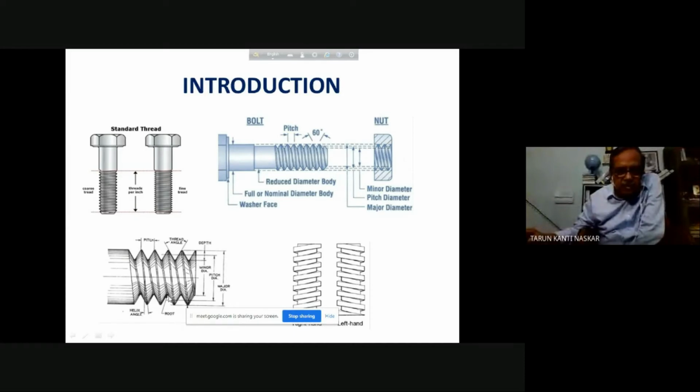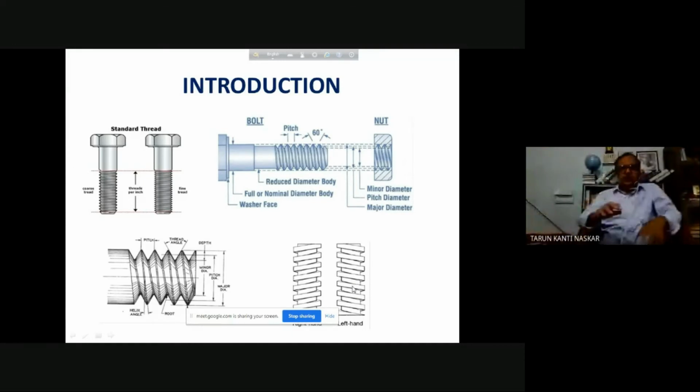This one is called root, and the top part is called crest. This is helix angle. This is right hand thread, square thread, and this is left hand thread.